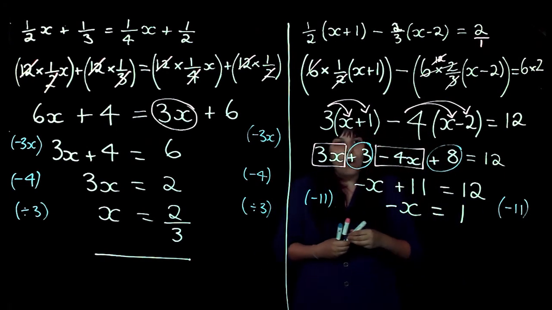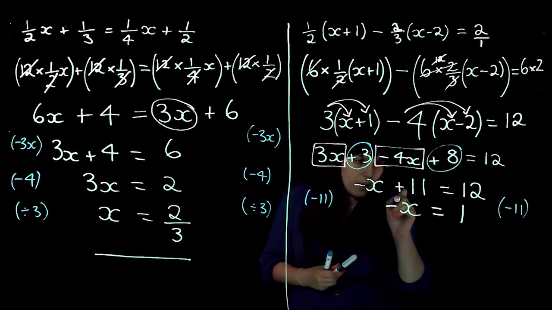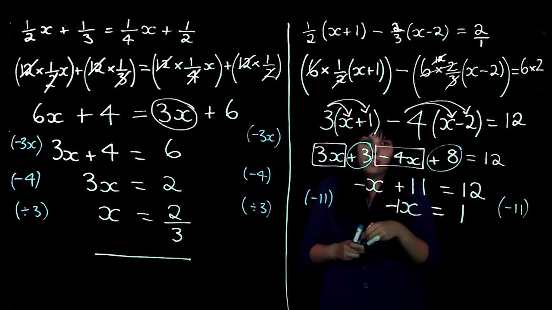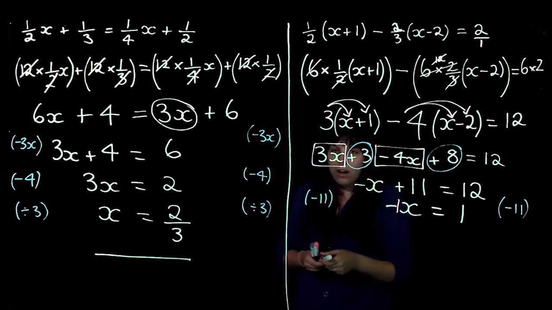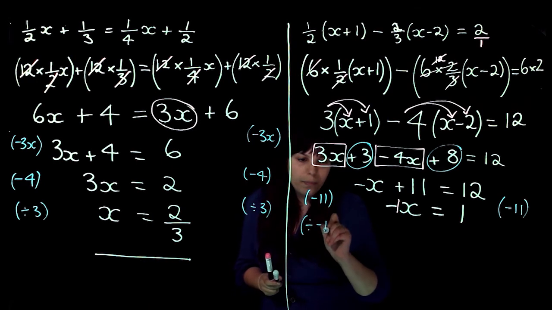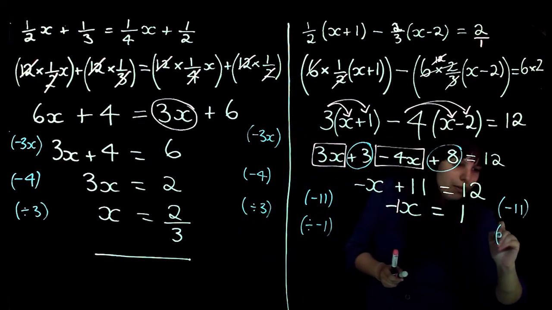So now we remember in here we've got an invisible 1, because it's minus 1 times x. So how do I get rid of the minus 1? I'm going to divide by minus 1 and do that to both sides.